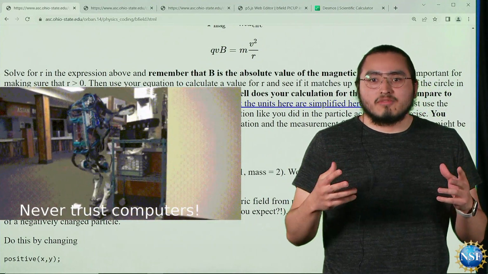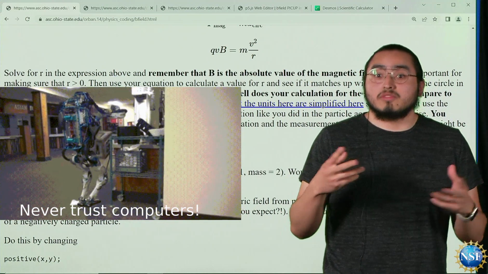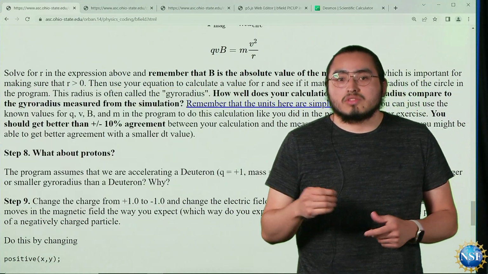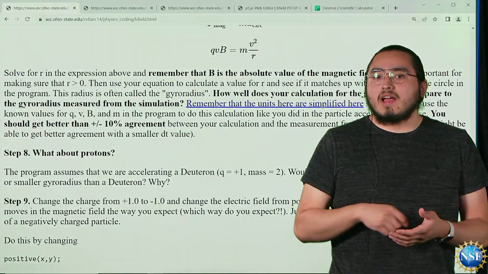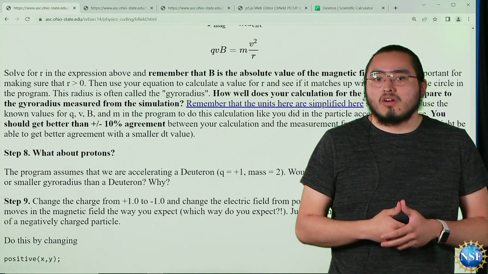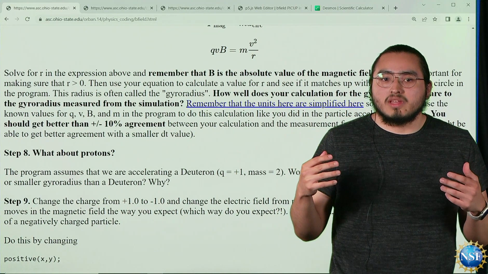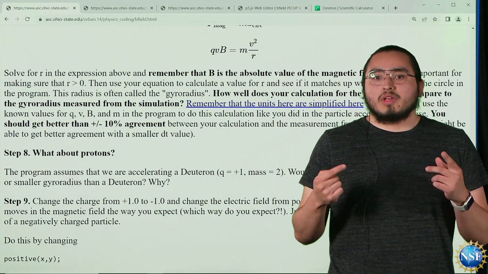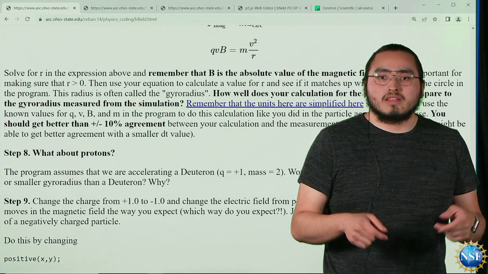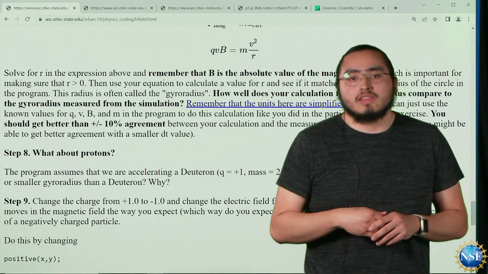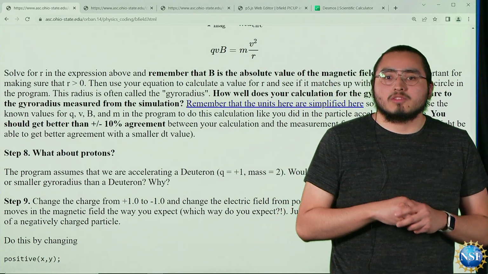We could have made a mistake, we could have messed up and put a value in. So it's always good to mathematically go back and use the equations that we know to find a relationship to see what the true value would be, and then see if the code that we just made in this video is in good agreement with the expected value.